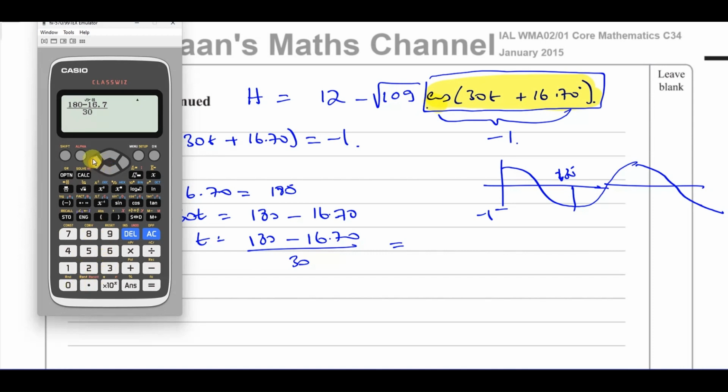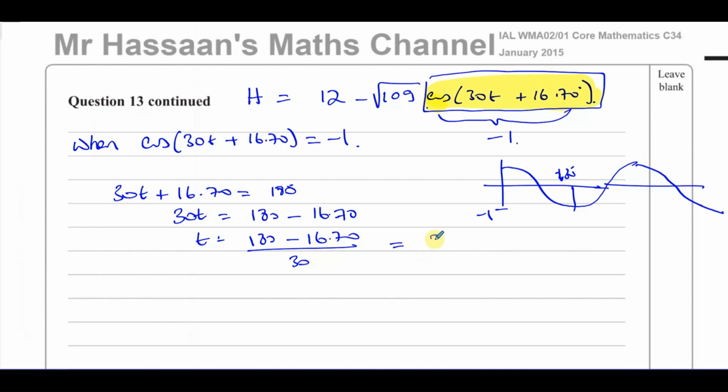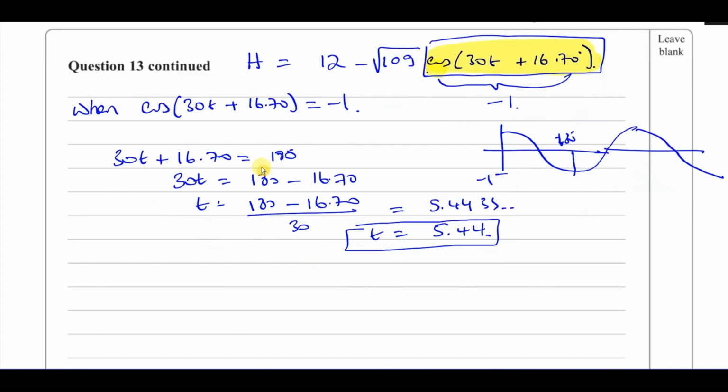I mean, when we write this out, it doesn't make any difference, but when we have to show it, it does. Okay, so that gives us 5.44333. So 5.4433 continues. So we want that to be to 2 decimal places, so 5.44. So t equals 5.44. That is the solution for B part 2.